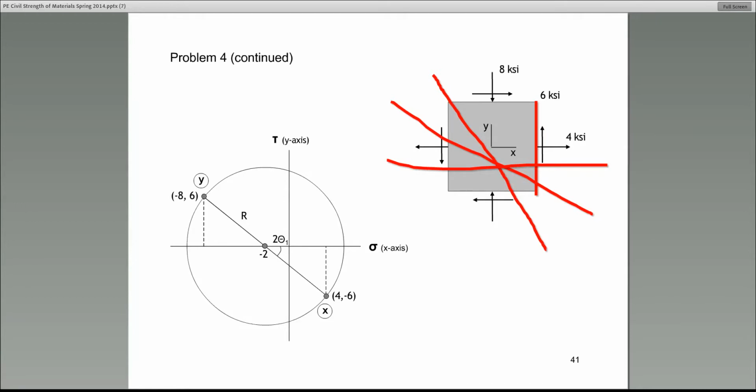So guys, critical thinking here. I want you to pay attention and tell me on the circle, what point do you suspect the maximum and the minimum stress occur? In other words, what point or points on the circle will give you the highest value of X?